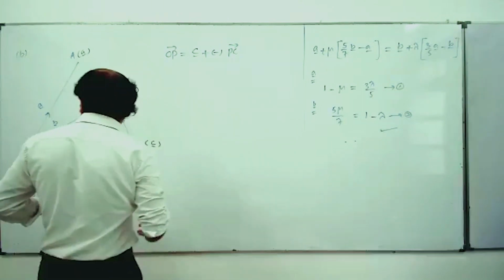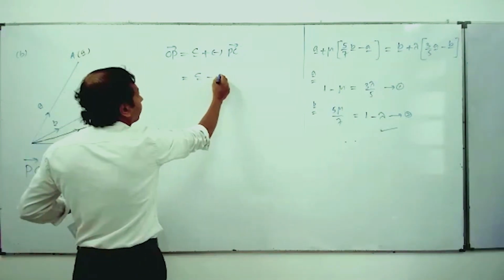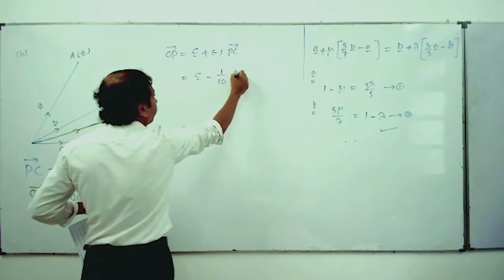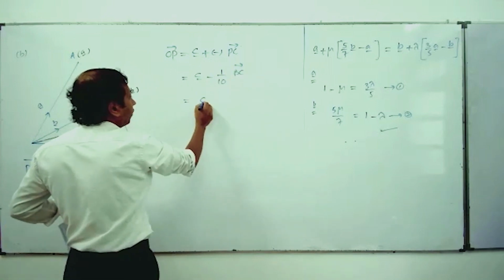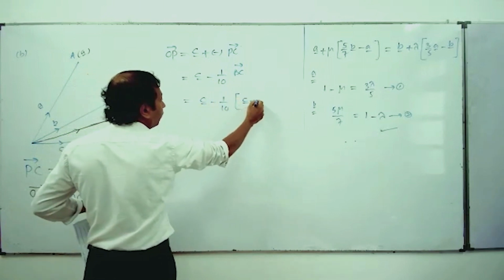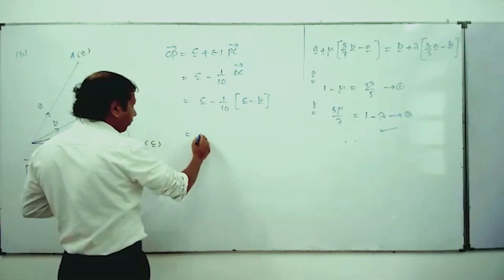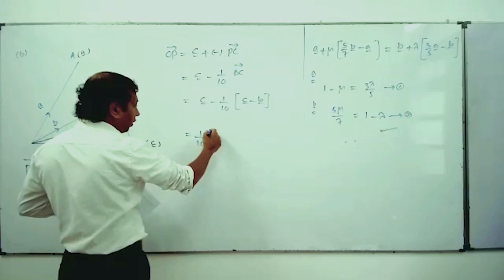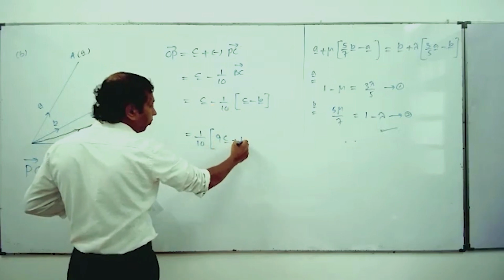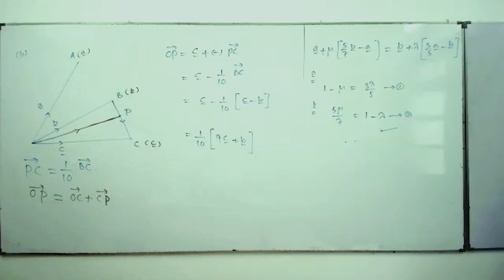But vector PC we have as 1 upon 10 BC. So c minus 1 upon 10 of vector BC, which is c minus b. Then simplify this. Take 1 upon 10 out. Here 10c minus c is 9c plus b. This is the required answer.